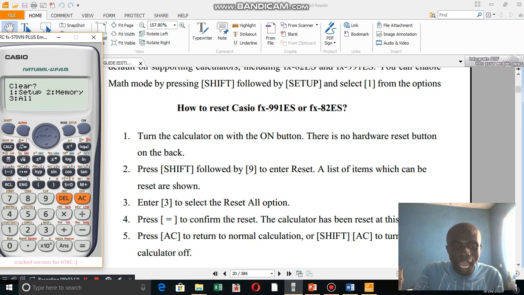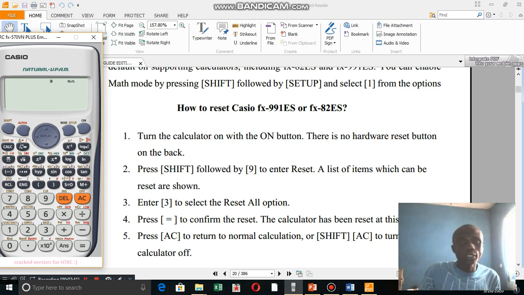So a list of items which can be reset is shown. You enter 3 to clear all. When you enter 3, it says Reset All. Pressing equal means you are accepting; AC is to cancel. So you press equal to reset, or press the AC key. When we press the AC key, we have reset our calculator.